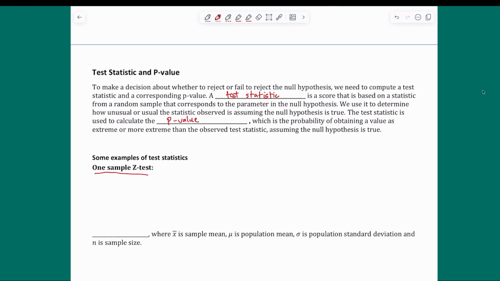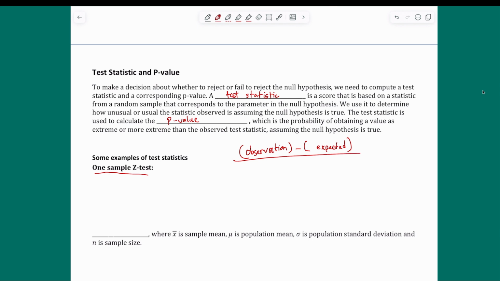Basically, what this test is doing is just measuring how unlikely or likely it is to observe the test statistic that we obtained. Okay, and remember, the score here, the test statistic, is nothing more than observing some statistic from some random sample, and you're seeing how far this value deviates from what you would expect, the expected value.